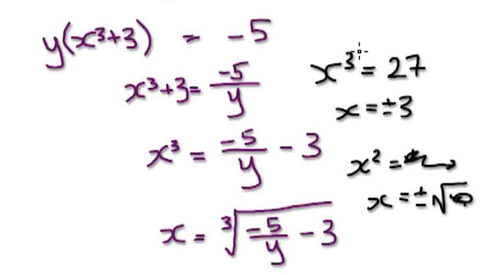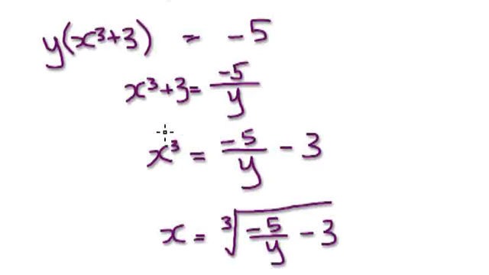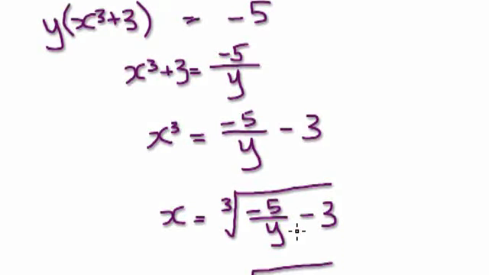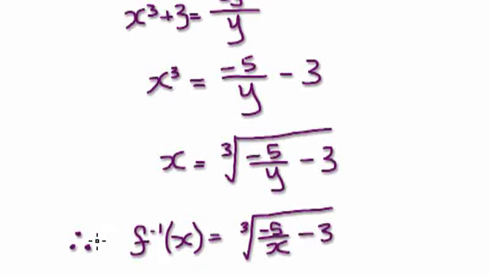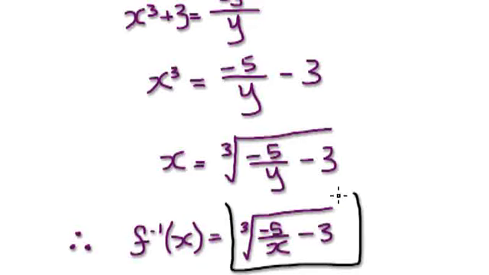But with x to the power of 3, there's no negative version. So here, x to the power of 3, cube root both sides, so you have this. Therefore the inverse function is given by this.